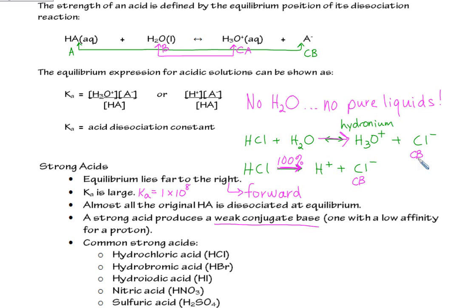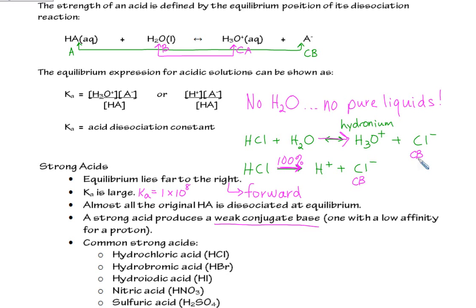Right here it says a low affinity for a proton, which really is a hydrogen ion. If that chlorine ion was really acting like a base, it would pick up the hydrogen and send this thing in reverse, and we go back to the neutral HCl molecule. That really doesn't happen with a strong acid. It stays dissociated. So the conjugate base of a strong acid is usually a really weak base.